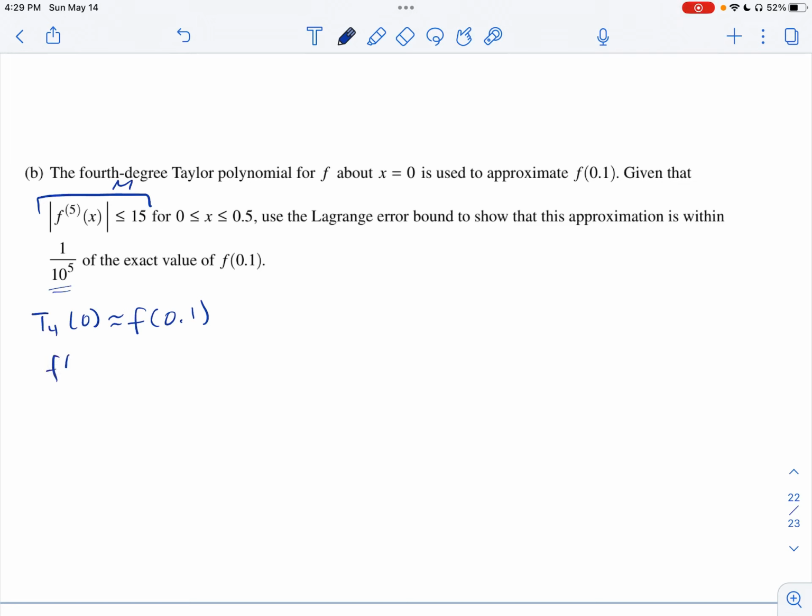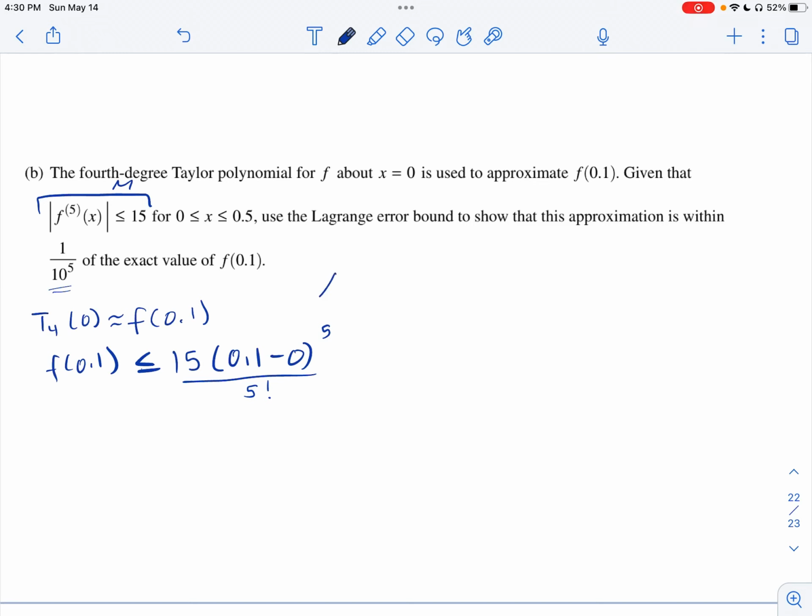So the error has to be less than or equal to our M value, which is given to us. That is the highest value for our fifth order derivative. So I'm going to just write 15 here since it's given to us. It's less than or equal to 15, the maximum value that it could be, times where we're evaluating our function, 0.1, minus where it's centered, this is our c value, to the fifth power over 5 factorial.